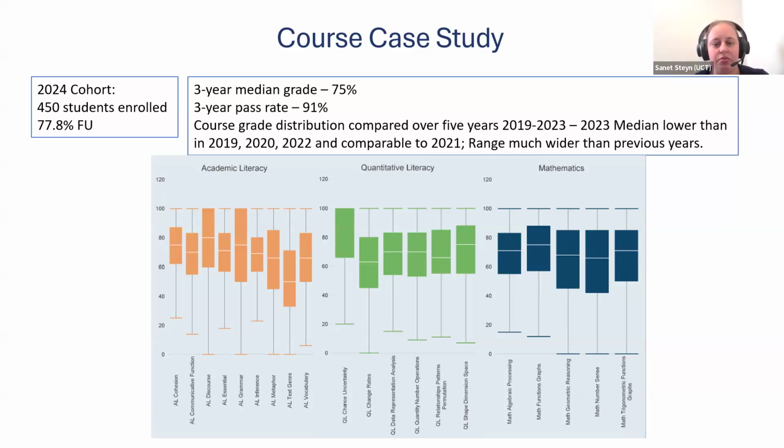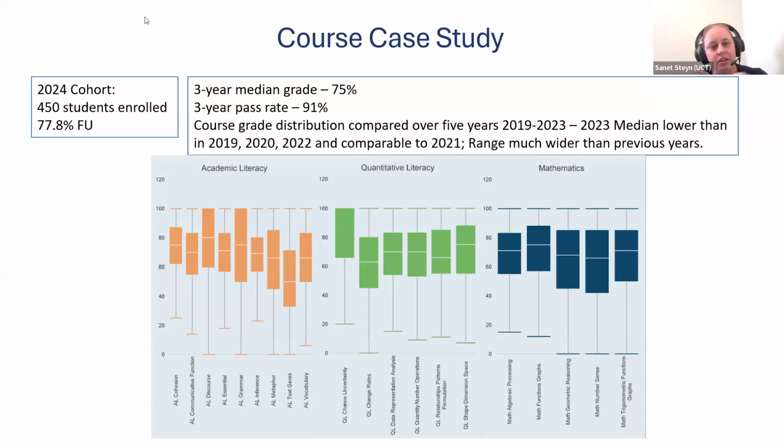Something similar with the change in rates happening with the quantitative literacy. And we also see slightly the number sense in the mathematics, but as this was a course where mathematics was a prerequisite and a highly selective course, overall the performance was a little bit better.